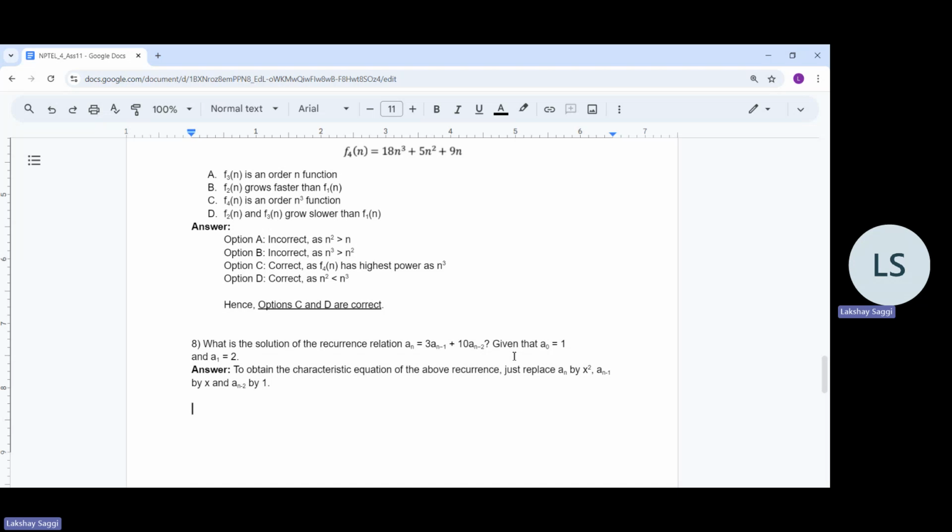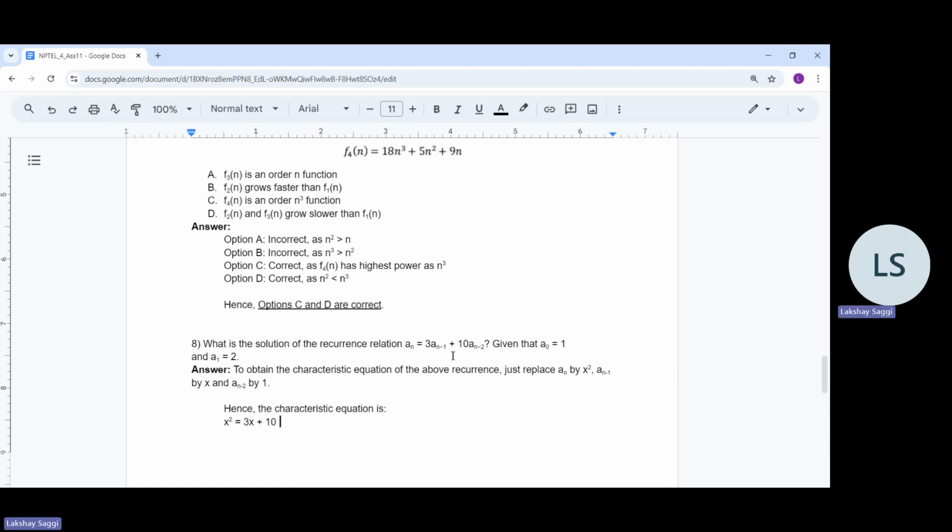If we do this, the characteristic equation is x squared equals 3 times x plus 10.